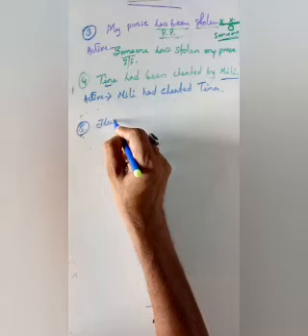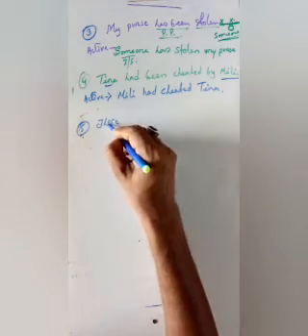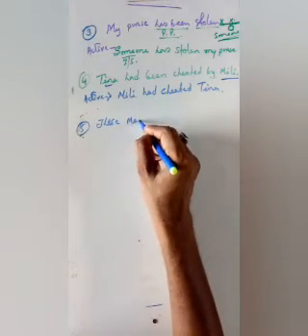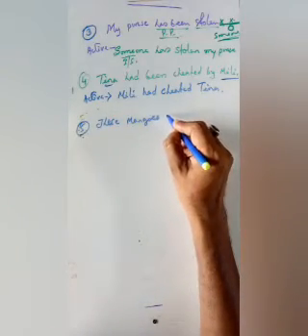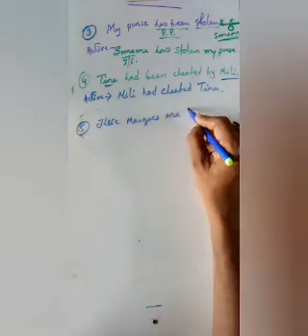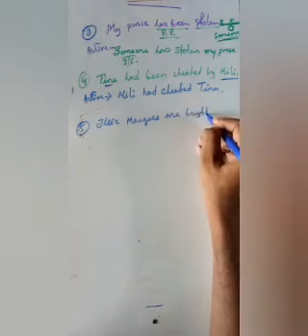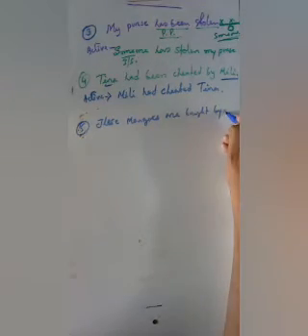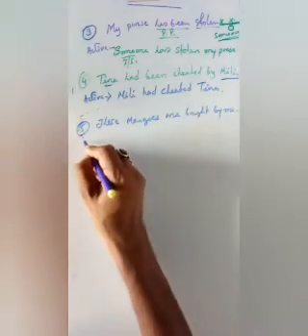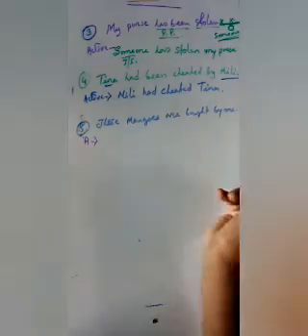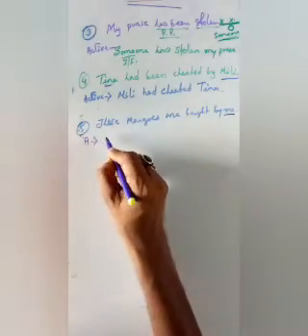These mangoes are bought by me. This is the sentence. This is also in passive voice. We have to take it to active. So me will be the subject.